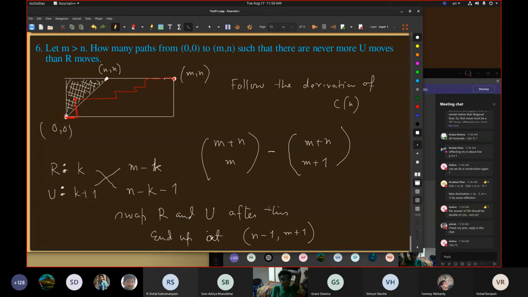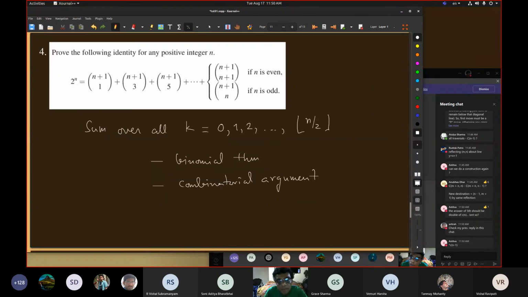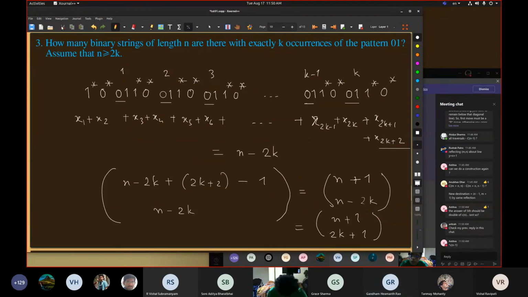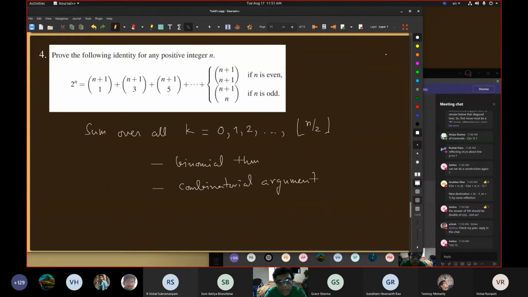So can you go to the fourth sum? Fourth one. Yes, sir. So how are you relating this sum to the previous one? I can't understand that one. Okay. So here I am assuming there are exactly k occurrences of 0, 1. So k can be 0, 1, 2 up to floor of n by 2. This much is clear, right?